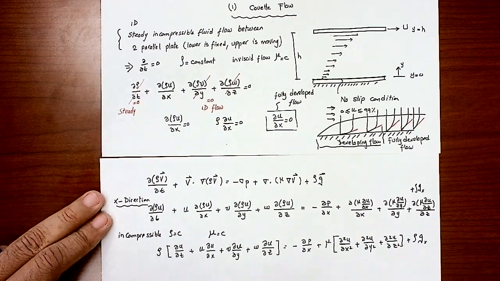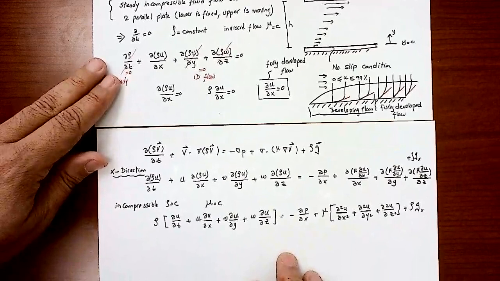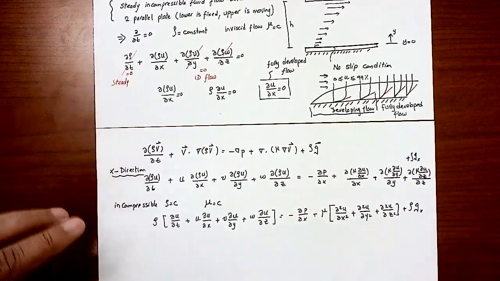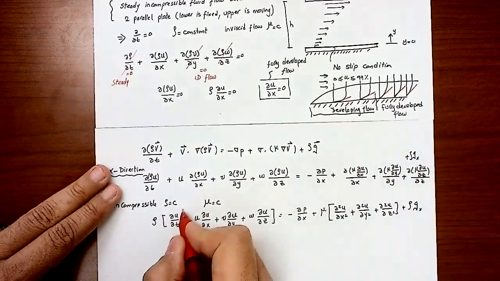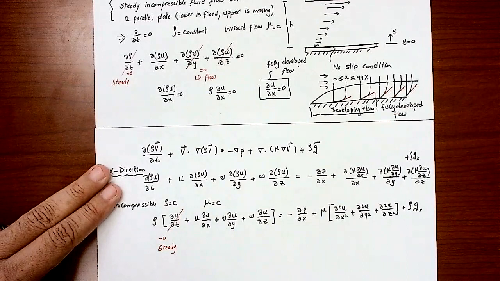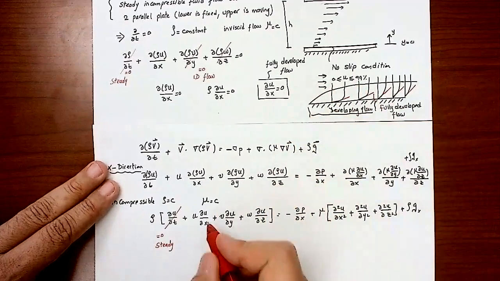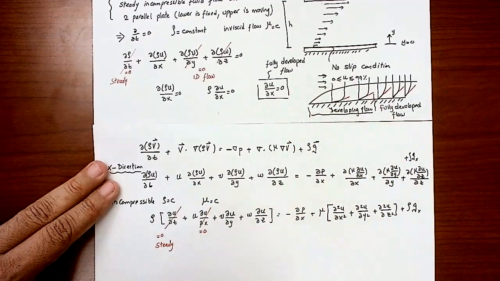Let's simplify this equation a little bit based on the assumptions of the problem and what we got from the continuity equation. First, this term is 0 for a steady flow, right? Steady, nothing changes with time, so this will go away. Then we got partial u by partial x equals 0 from the continuity equation, so this term is 0 from continuity, and the whole term goes away.